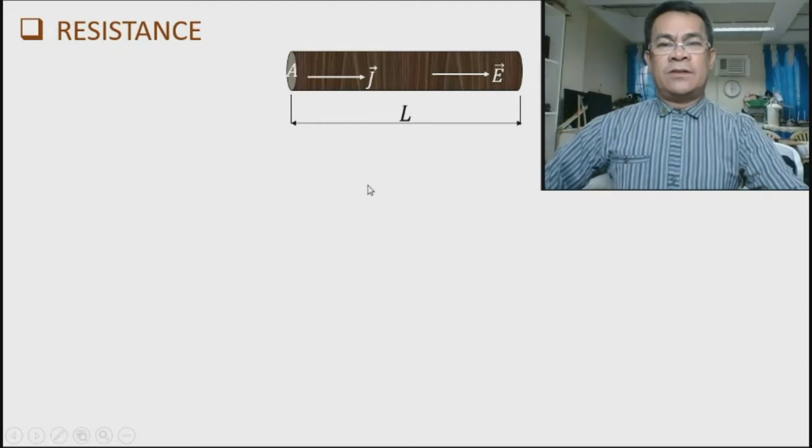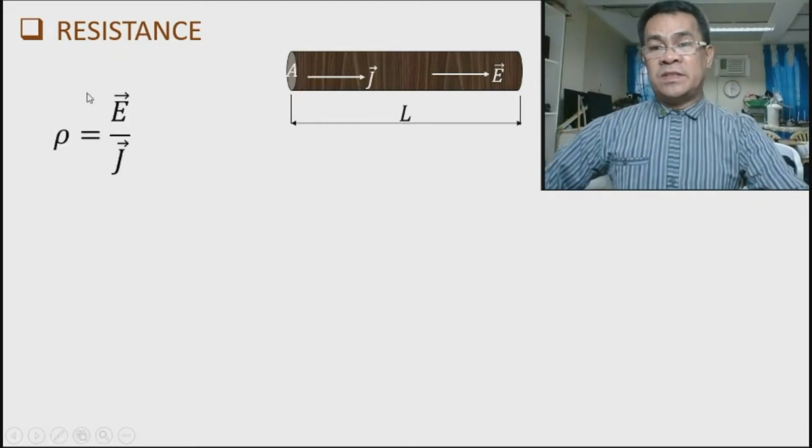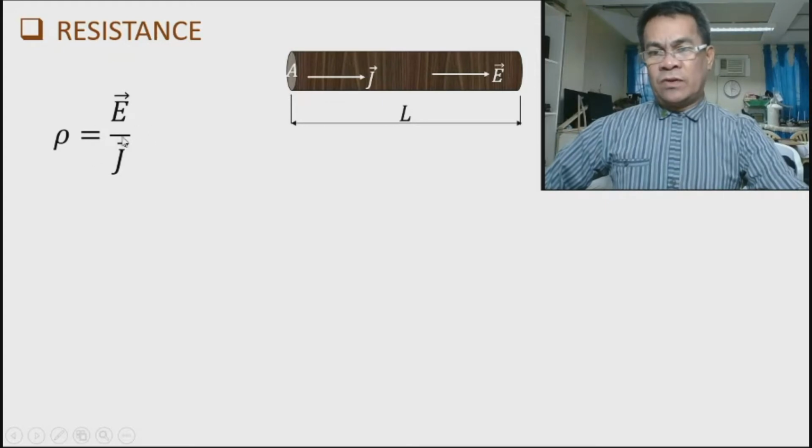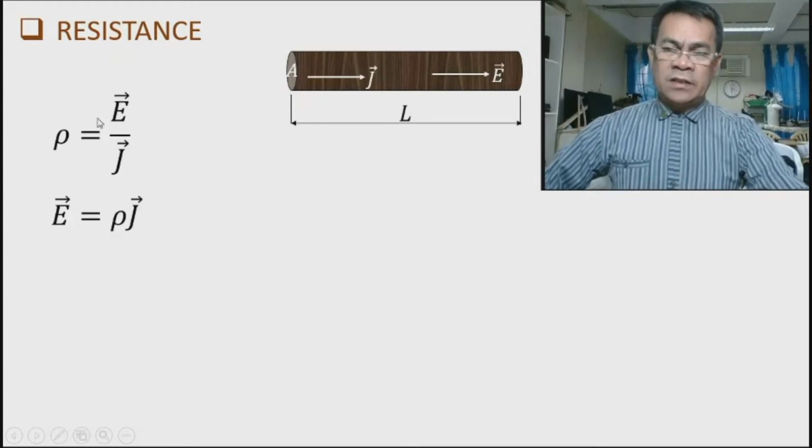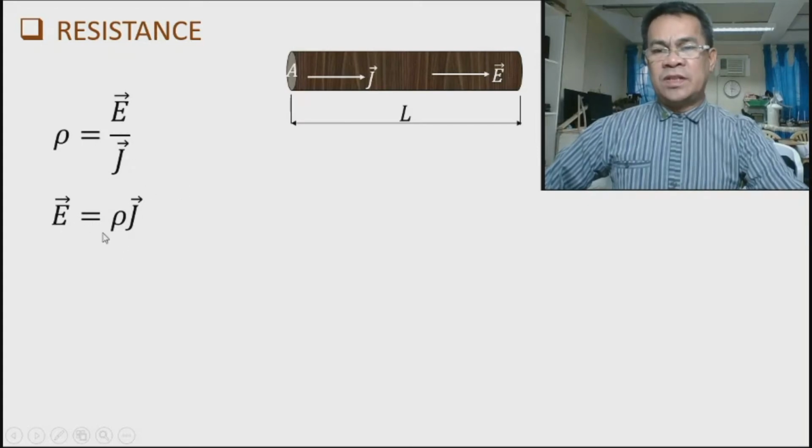Okay, let's start with the definition of resistivity. Again, we will work on this problem. Now, if we take the product, the electric field becomes rho J. Rho means the resistivity, J means the current density.